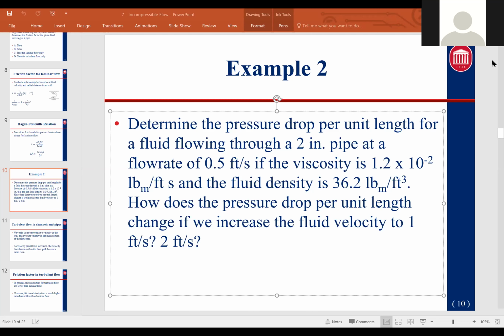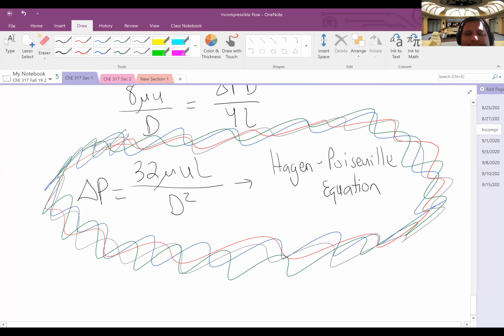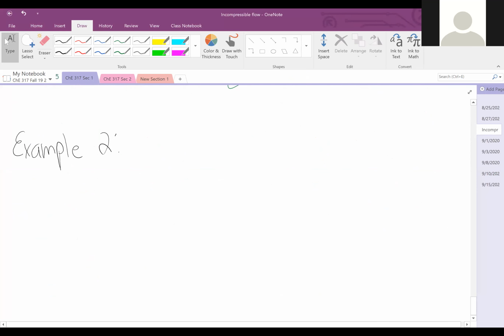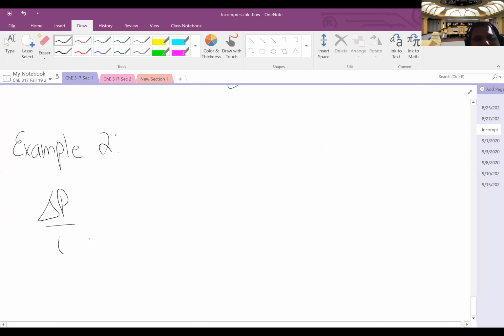So how did the problem go? Did we get an answer? Yeah, I got a really small number. I got 2.48 times 10 to the minus 4 psi per foot.